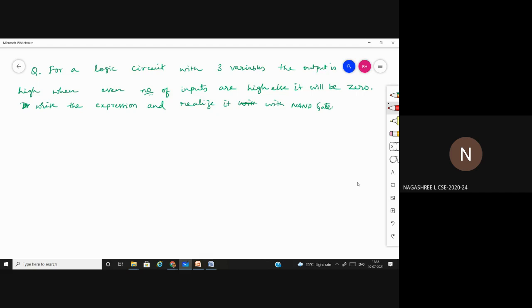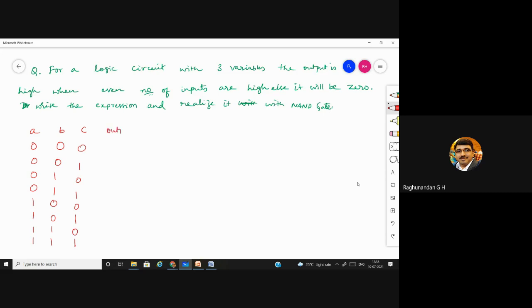So for 2, 4, 6, 8, we have to write 1. For the odd numbers, we have to write 0. Good. So A, B, C: 0, 0, 0, 0, 1, 1, 1, 1. 0, 0, 1, 1, 0, 0, 1, 1. 0, 1, 0, 1, 0, 1, 0, 1.